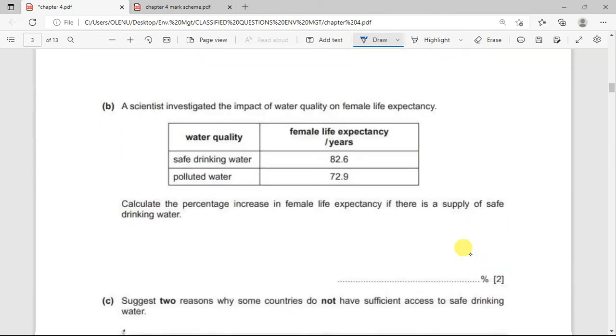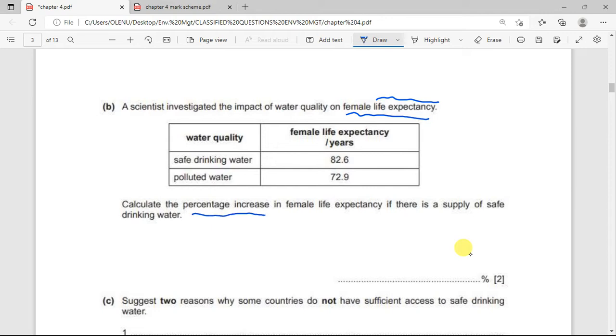Then next, they say the scientists investigated the impact of water quality on female life expectancy. Life expectancy here is the average age an individual is expected to live in a country before they die. So calculate the percentage increase in female life expectancy if there is a supply of safe drinking water.